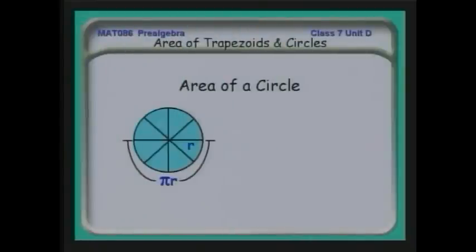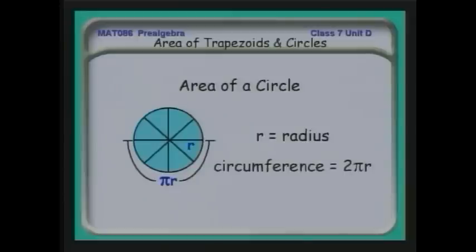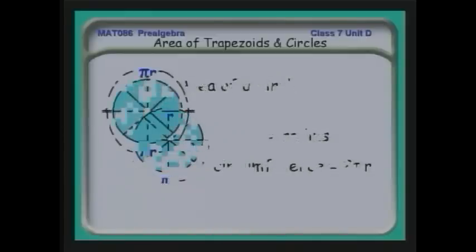Now let's play with the area of a circle. We've talked a little bit about the geometry of a circle last time, where r is the radius, the distance from the center to the edge. The circumference, the distance around the circle, is 2 pi, that magic number that's about 22/7, times the radius.